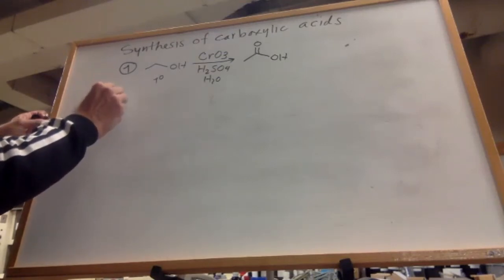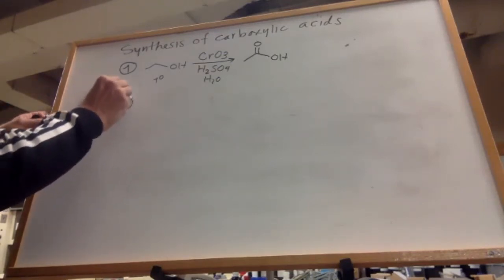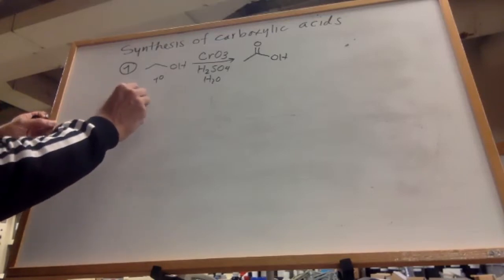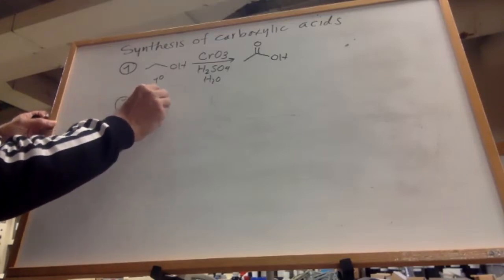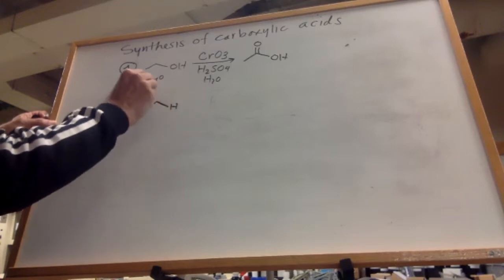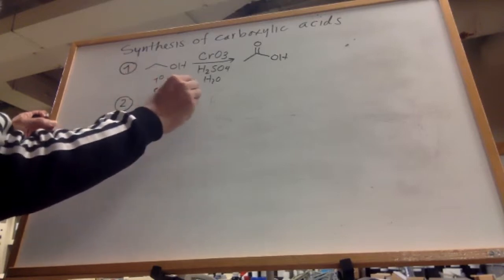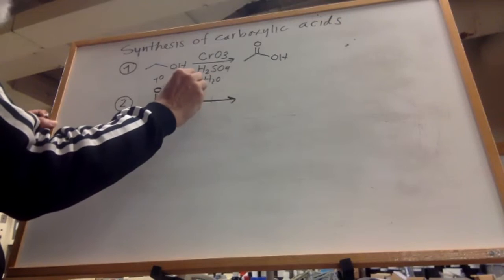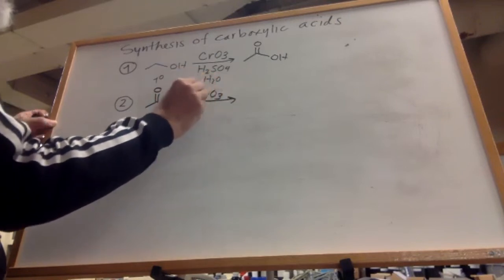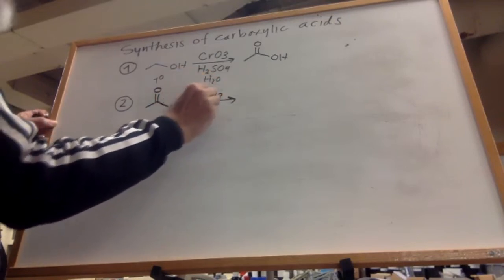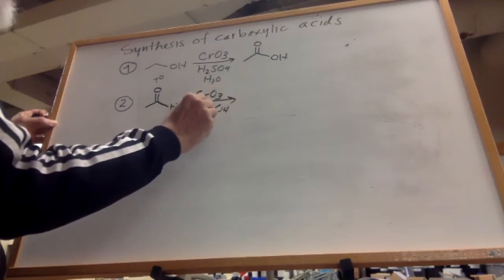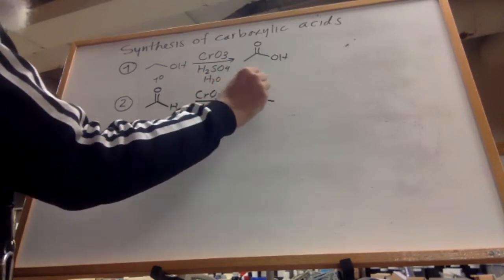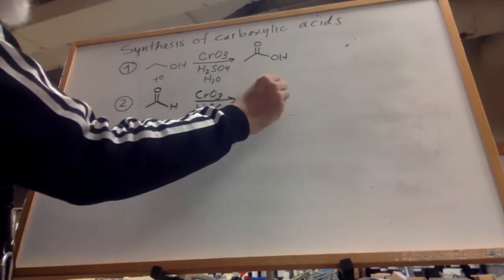Okay, another method for carboxylic acid production would be the oxidation of an aldehyde. Once again, using the Jones reagent, chromium trioxide, sulfuric acid, and water. And this also is going to produce a carboxylic acid.